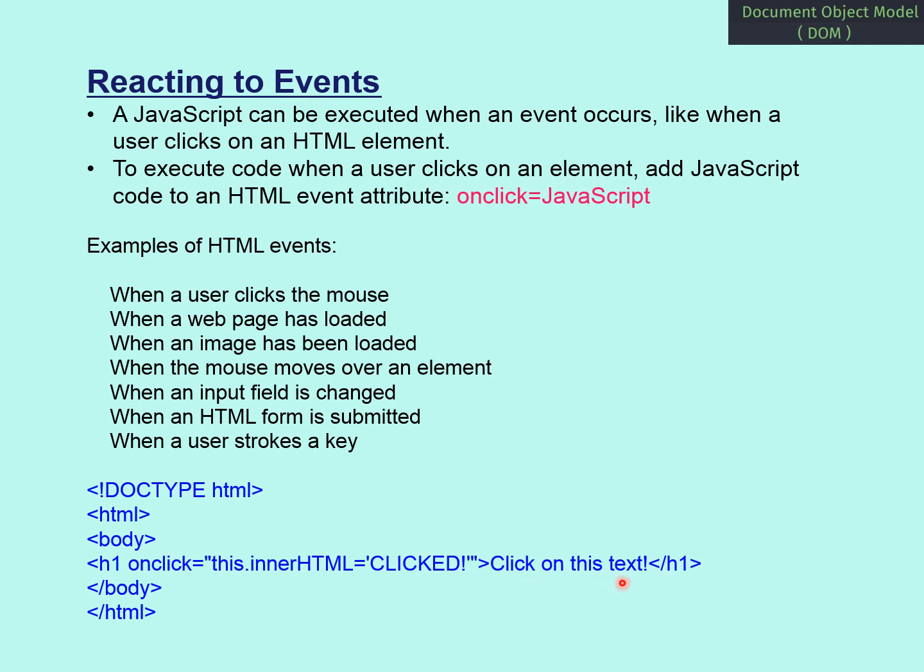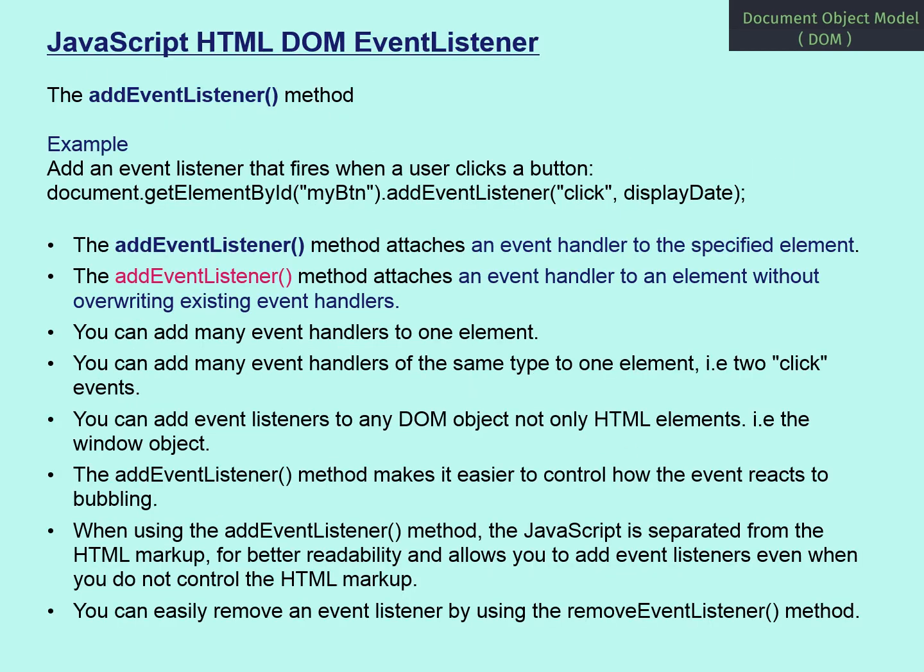Whenever users click on that text, it will generate an event, the corresponding onClick event handler will handle that situation, and it will change the content in H1 to 'Clicked'.